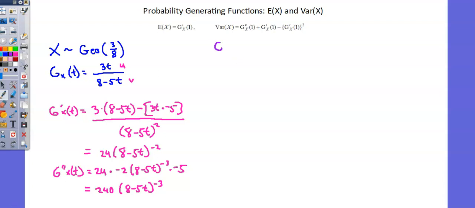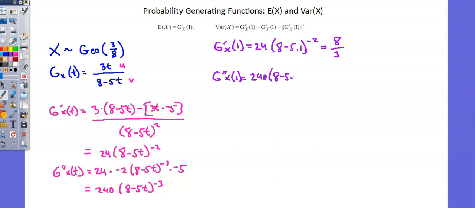The first derivative with an input of 1: 24 times 8 minus 5 times 1 to the power of negative 2, which simplifies to 8 over 3. And the second derivative with an input of 1: 240 times 8 minus 5 times 1 to the power of negative 3, which simplifies to 80 over 9.